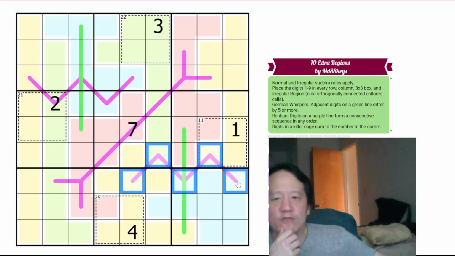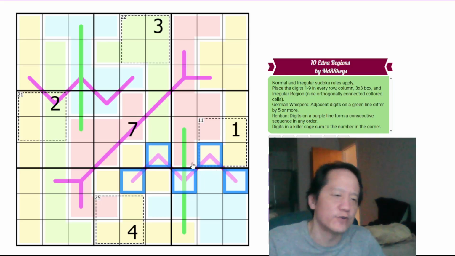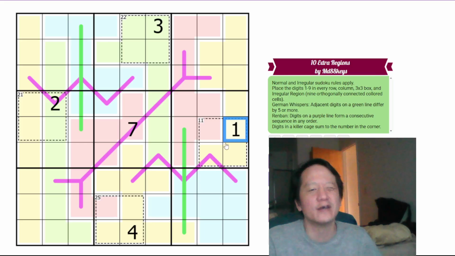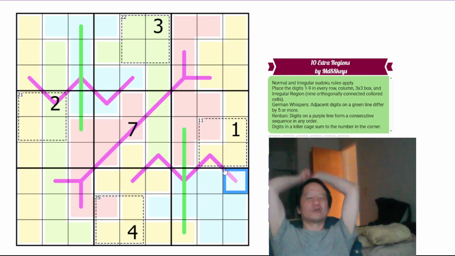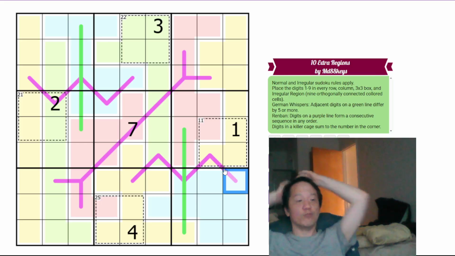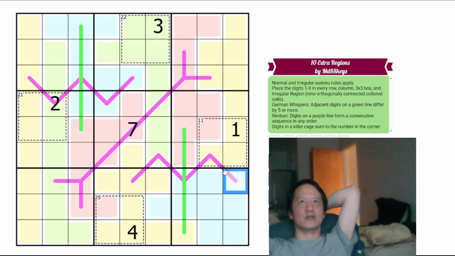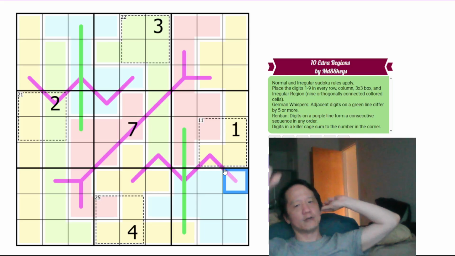Digits on a purple line form a consecutive sequence in any order. Okay, so we're going to assume for now that there are no repeats. You could actually form a Renban that works with repeats. You could have something like 1, 2, 3, 2, 3, right? But usually you can't have repeats on a Renban.